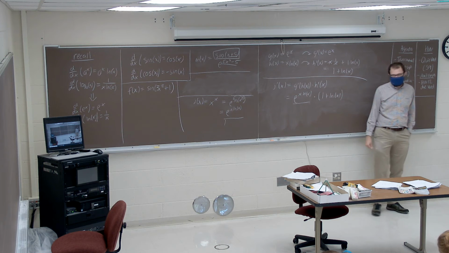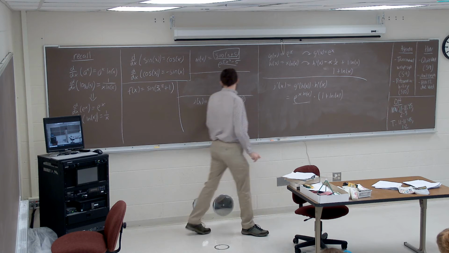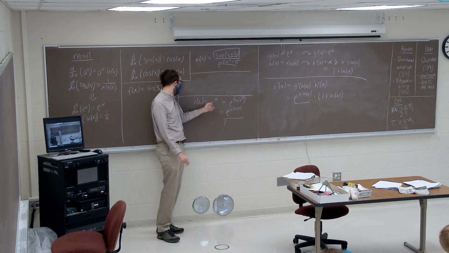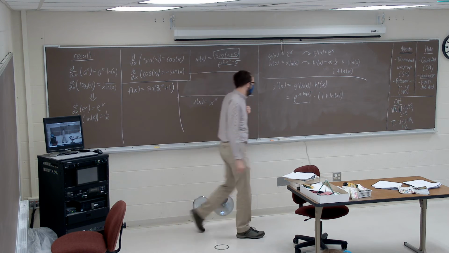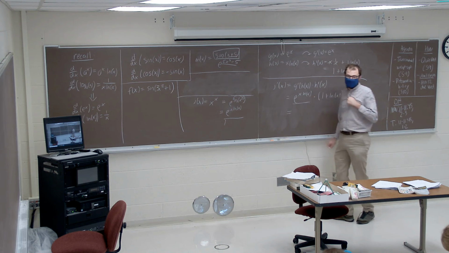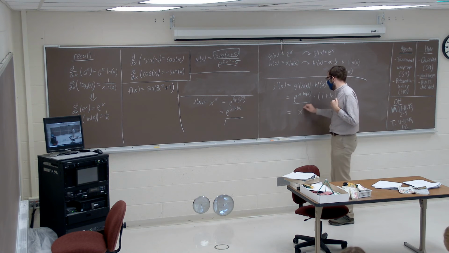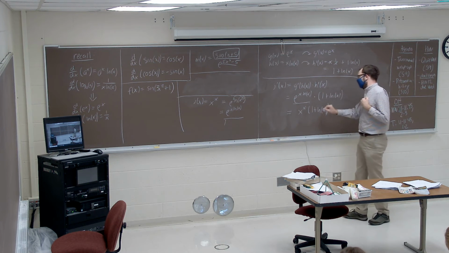By our work over here, in other words. Yes, we already showed that, we did it in reverse, but we showed that x to the x is equal to e to the x natural log of x. So we don't need to redo that work. We can just write this as x to the x times 1 plus natural log of x.